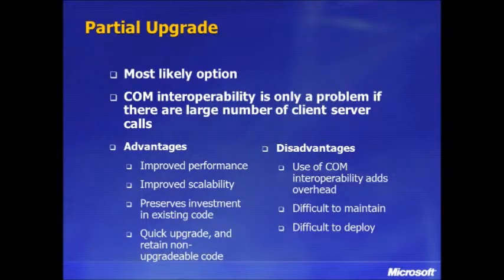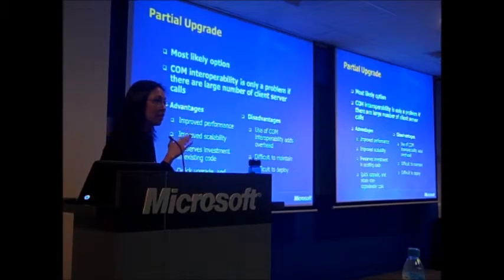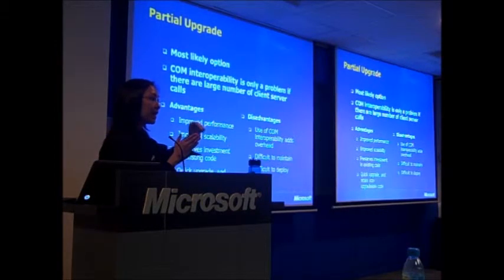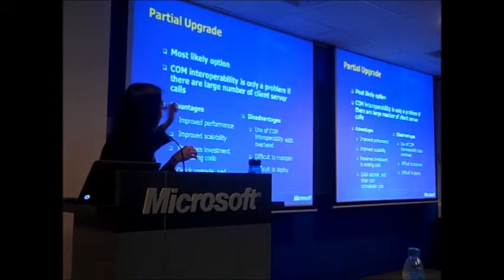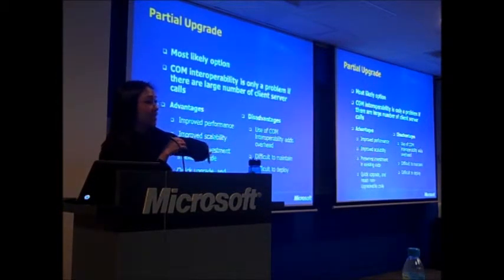Kung meron kayong investment na sa Visual Basic 6 application nyo, halimbawa nga yung COM, and you still wanted to use that COM application, yung na-convert nyo na part na Visual Basic .NET, pwede niya pa rin namang i-call or i-execute yung COM components. Yun nga lang, it reduces the speed or performance of your Visual Basic .NET application na nandun sa disadvantages.